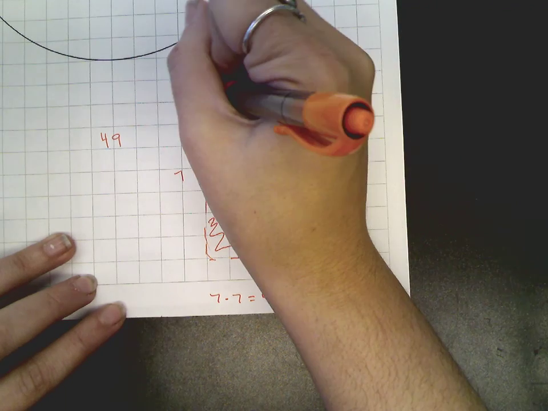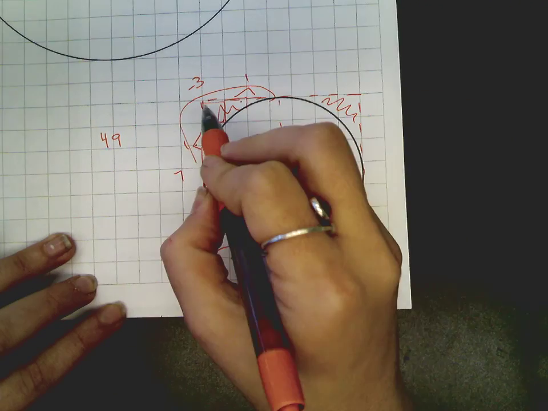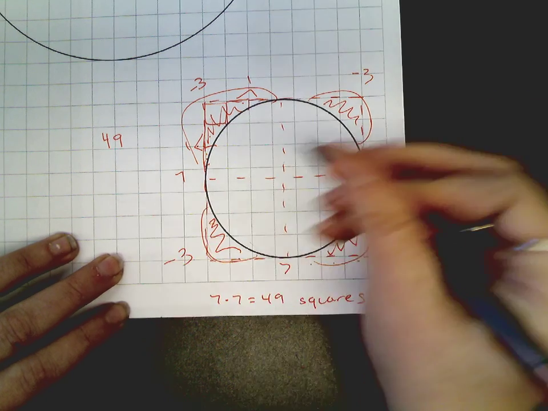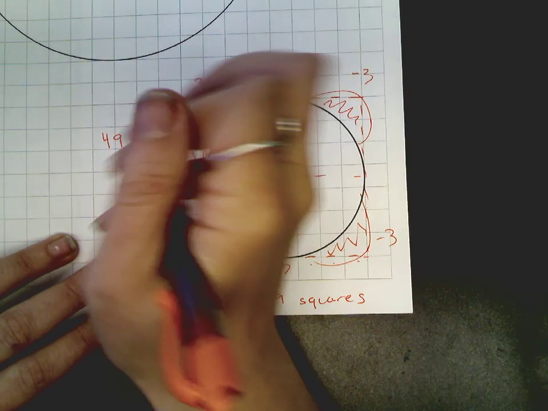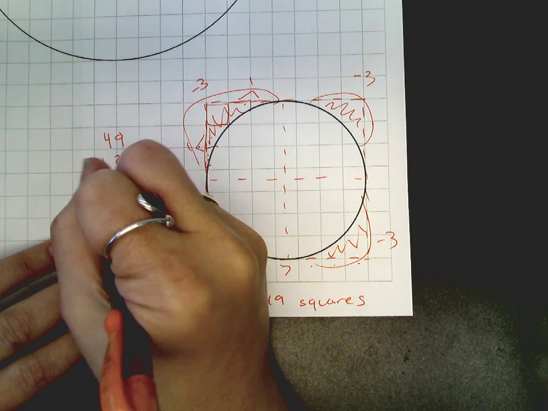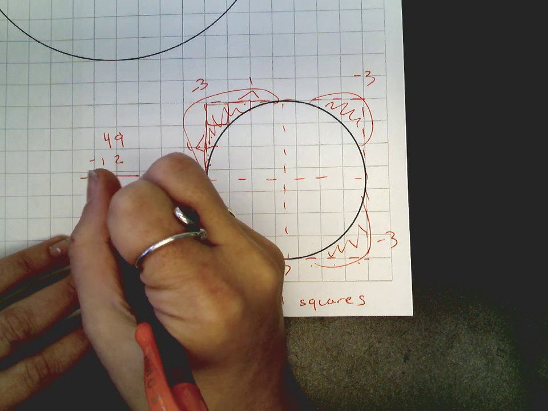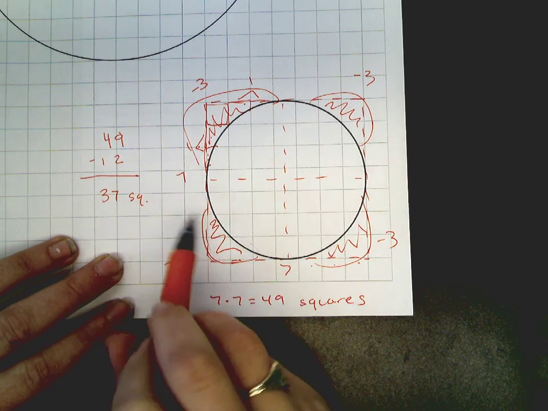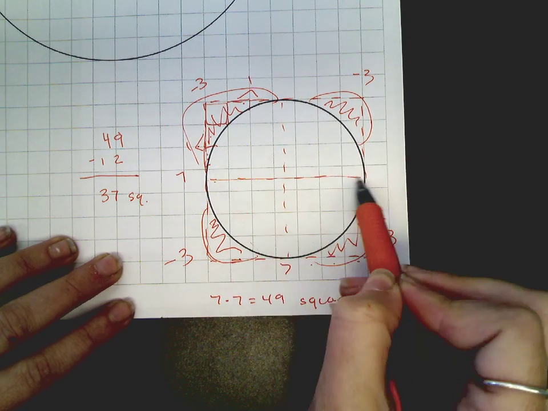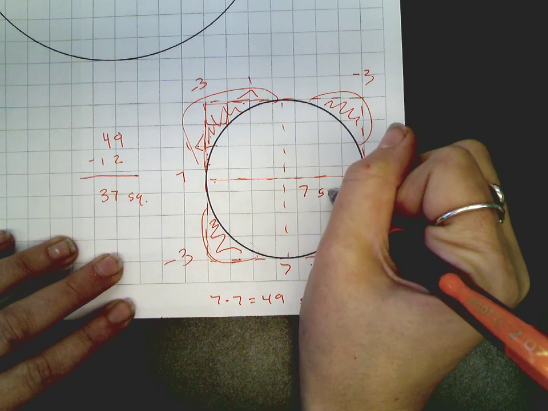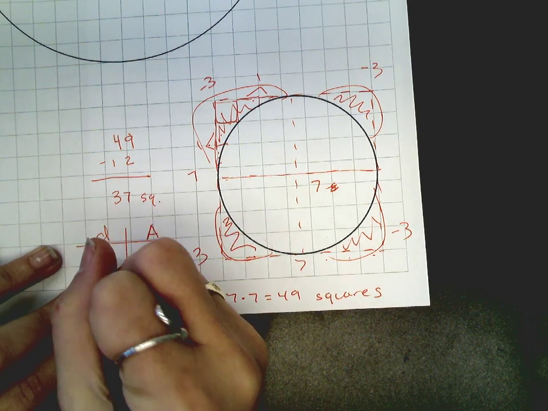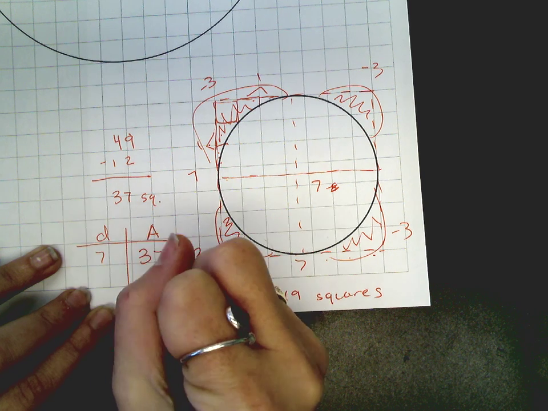This entire thing would be 3 that I need to take away. And I have 4 of those, so minus 3 more, 3 more, 3 more, which would be 12 squares total that I'm taking away. So I'd say this is approximately 37 squares, for a diameter of 1, 2, 3, 4, 5, 6, 7 across. So my diameter is 7 and my area is 37.